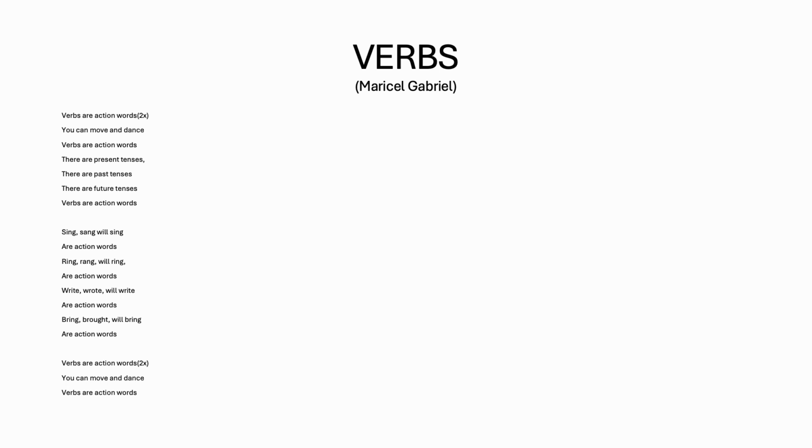Sing, song will sing are action words. Ring, wrong will ring are action words. Write, wrote will write are action words. Bring, brought will bring are action words. Verbs are action words. Verbs are action words. You can move and dance.